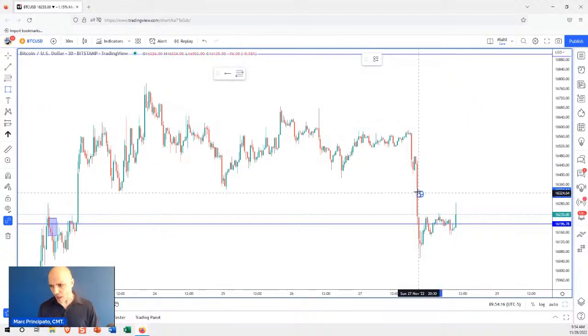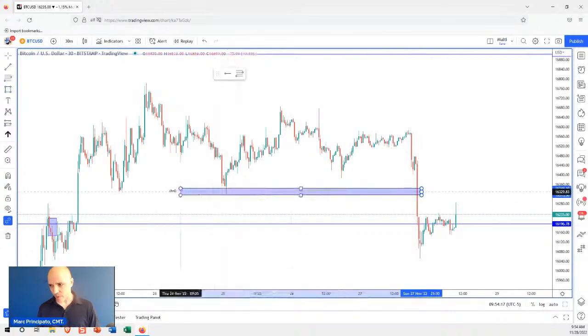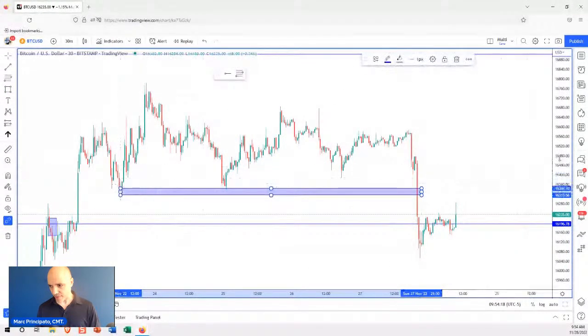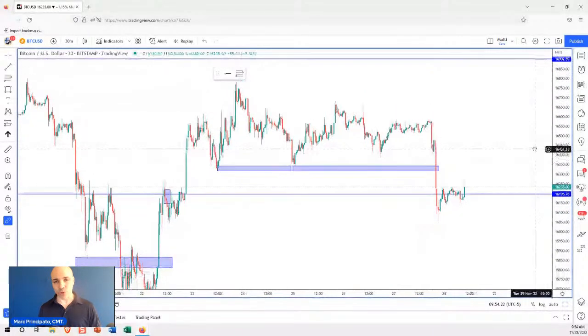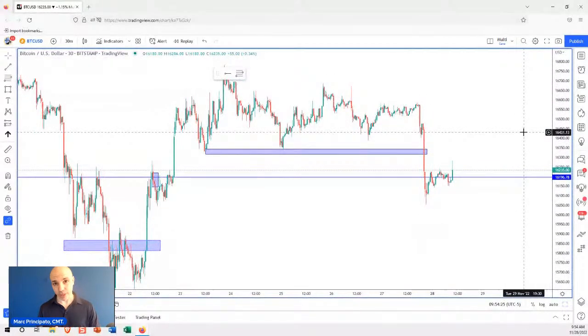Now, first things first, we're looking for basically two things, right? To start out. I start out with a 30-minute chart because I'm trying to get a sense of the bigger picture for an intraday trade. This chart doesn't really mean anything other than that I'm trying to form my expectations or my game plan for an intraday trade.